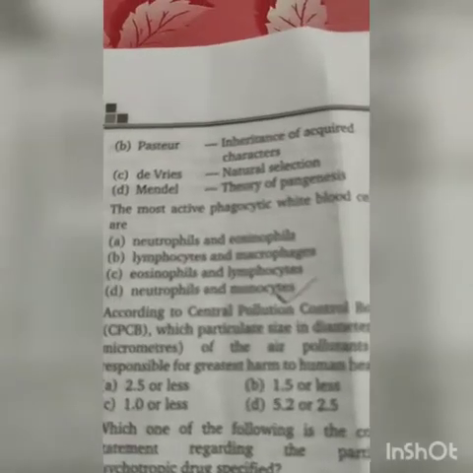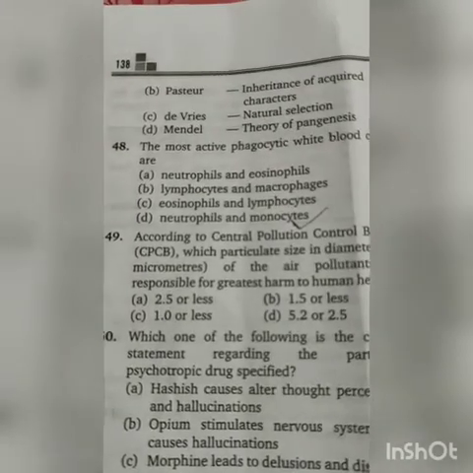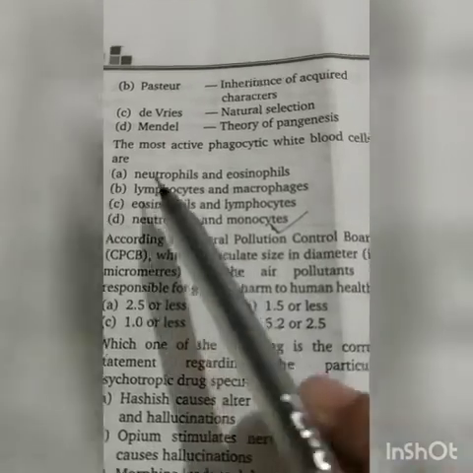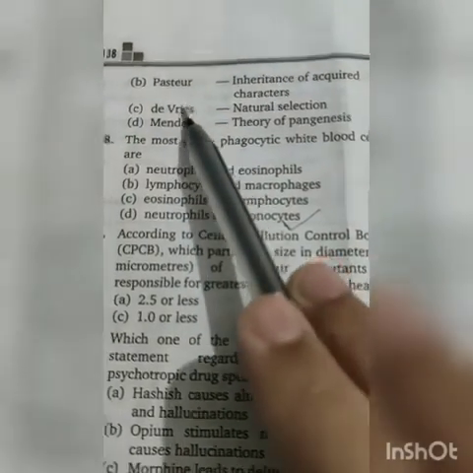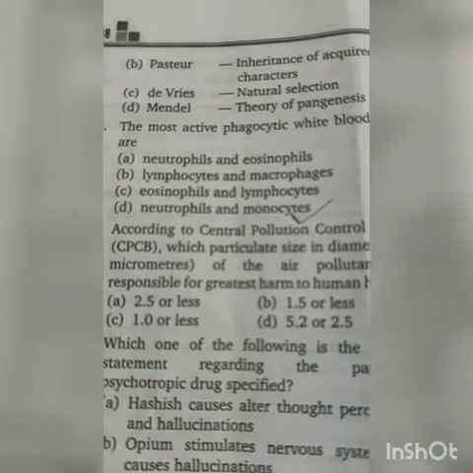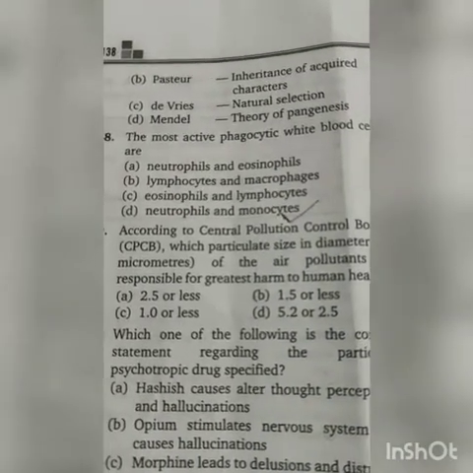So in the previous question, there were additional 3 names of scientists which were wrong. So let's correct them. It was Pasteur. Here it is given that Pasteur gave the theory of inheritance of acquired characters. No, it is wrong, because inheritance of acquired characters was given by Lamarck, and Pasteur gave germ theory of disease.